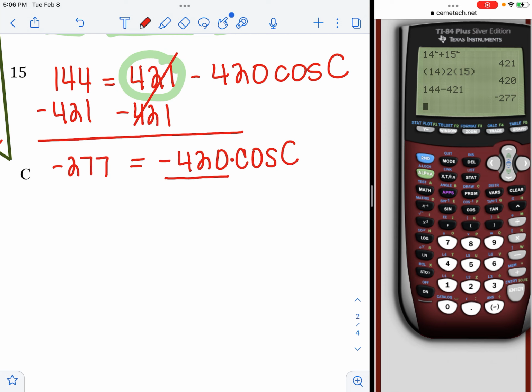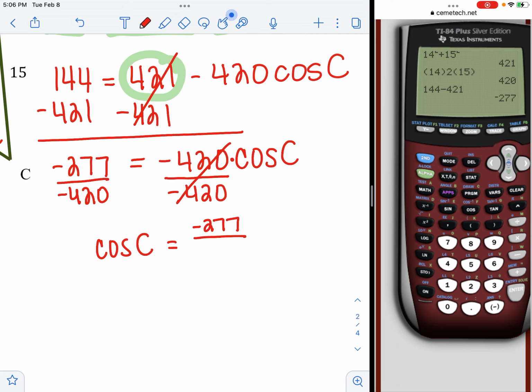Since it's multiplication, I can get rid of it by dividing both sides by negative 420. Don't touch your calculator yet. Now I have cosine of C is equal to negative 277 over negative 420.